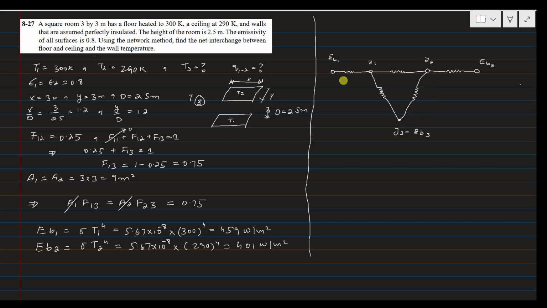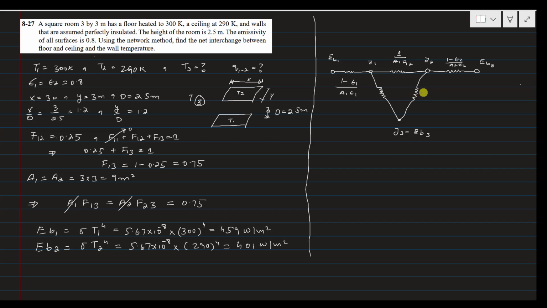This resistance is equal to (1 minus E1) divided by A1 E1. This is 1 divided by A1 F12. This is (1 minus E2) divided by A2 E2.